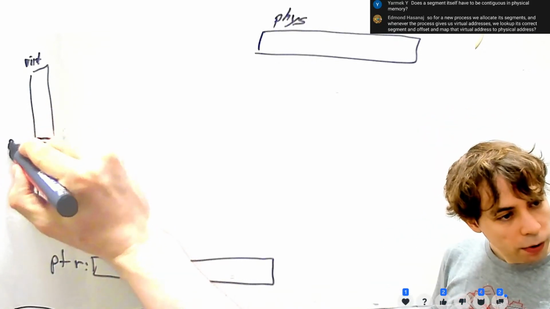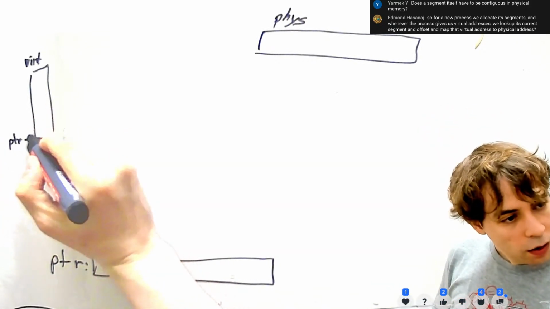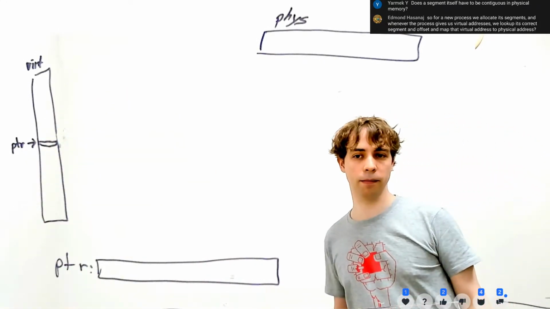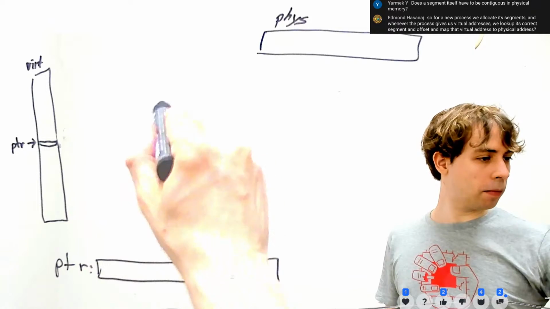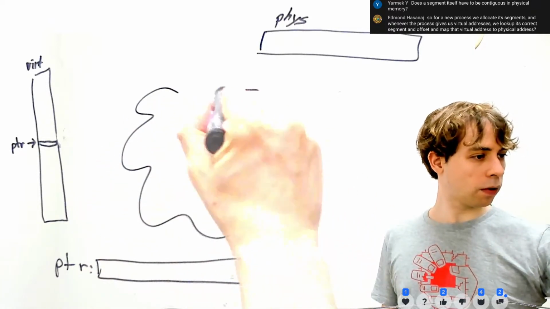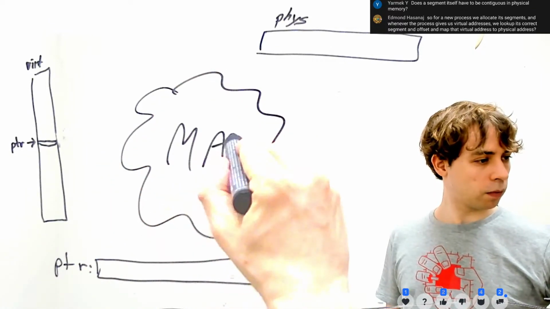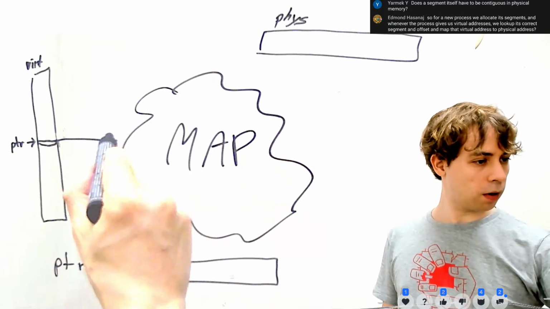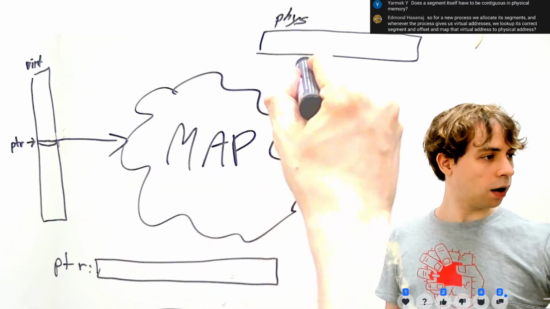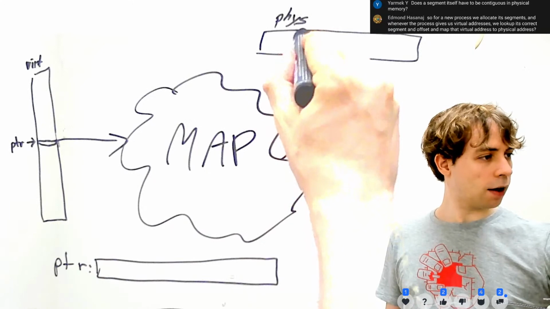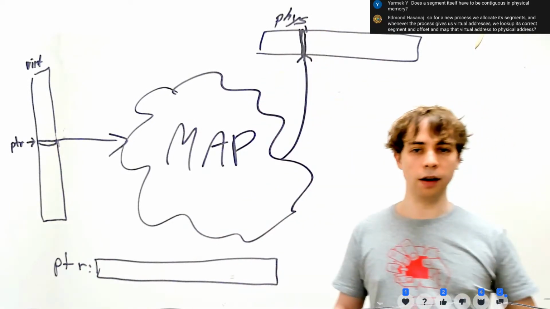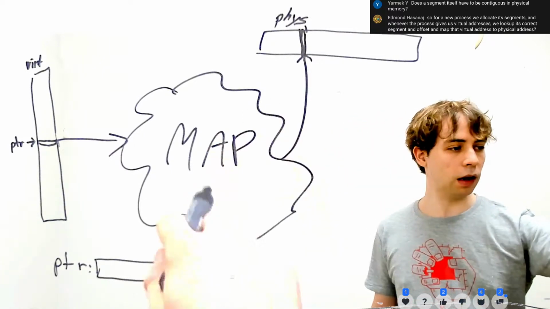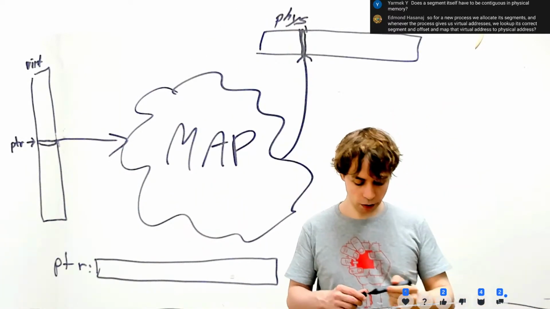Let's say the pointer has a value so that it points here. And I want to have some map so that this goes in here and we get some physical address out if it's valid. If it's not valid, then fine, we don't get a physical address. But if it's valid, we get a physical address.